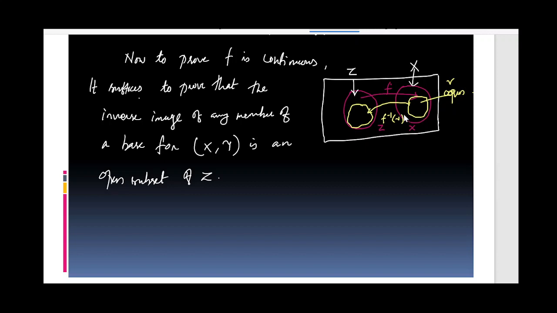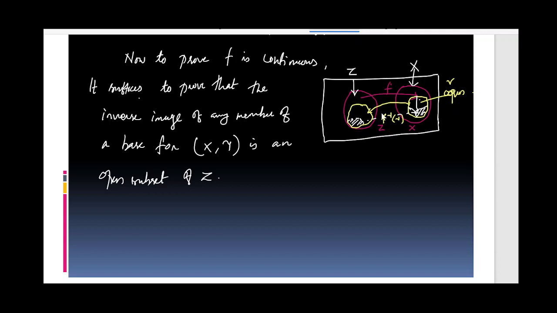Let me repeat. As I explained, we should take an open set and go for its inverse image. In particular, this open set can be written as a union of its base elements, so I take one such base element. If I prove that the inverse image of this base element is open in Z, then I have proved the inverse image of an open set is open.